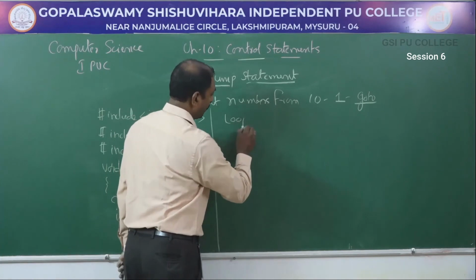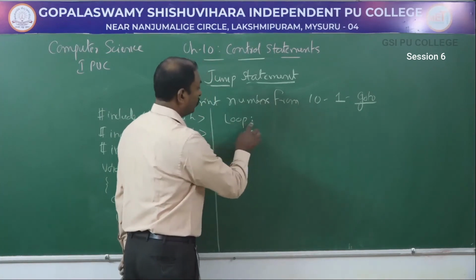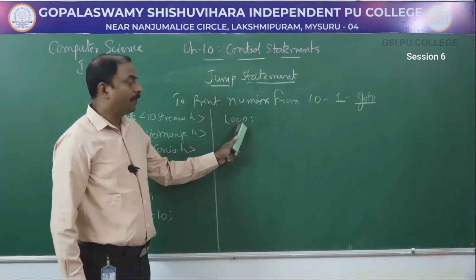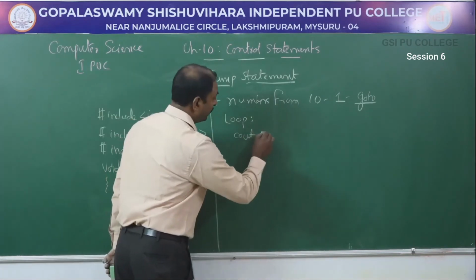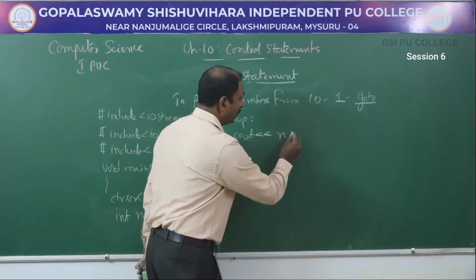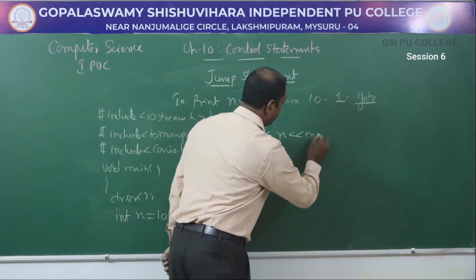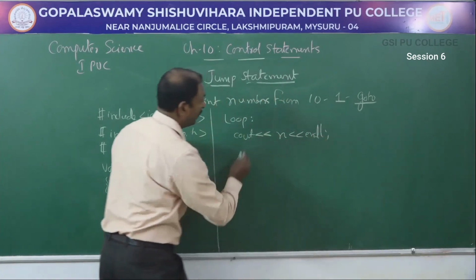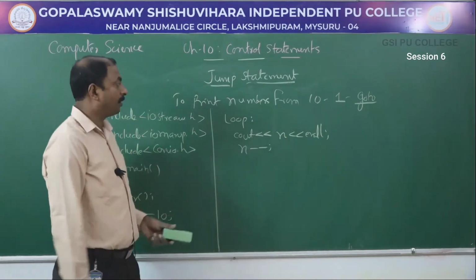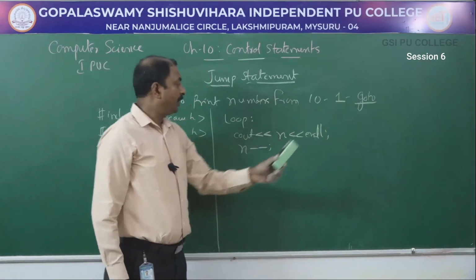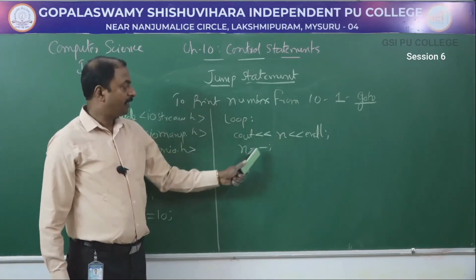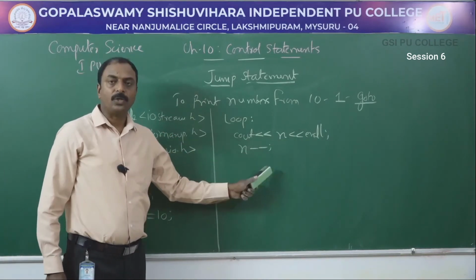Here I am using loop: Loop is the label name. The statements: cout << n << endl; Next n--, because I want to print numbers from 10 to 1, so it has to be decremented. So 10 decremented by 1 becomes 9, and so on.